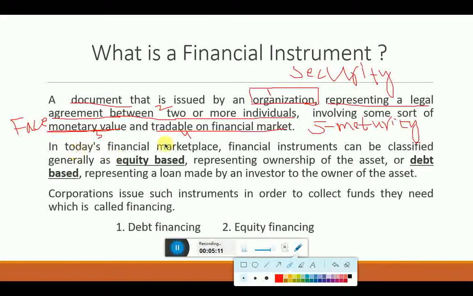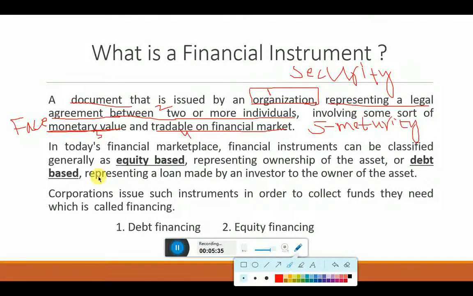So in today's financial marketplace, financial instruments can be classified generally into equity based and debt based. Equity based basically represent ownership of the assets in the issuing organization, and debt based financial security represents a loan made by an investor to the owner of the assets.